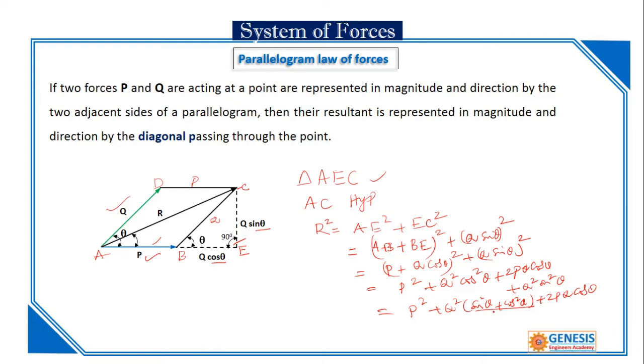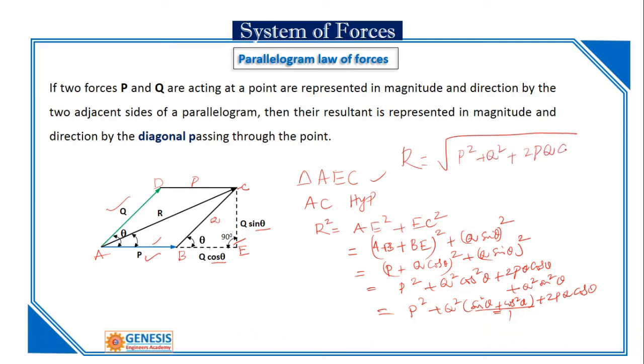And we know this is equal to 1. Then R is equal to root under P square plus Q square plus 2PQ cos theta. This is the magnitude of the resultant. These two forces are P and Q, and the angle between them is theta.